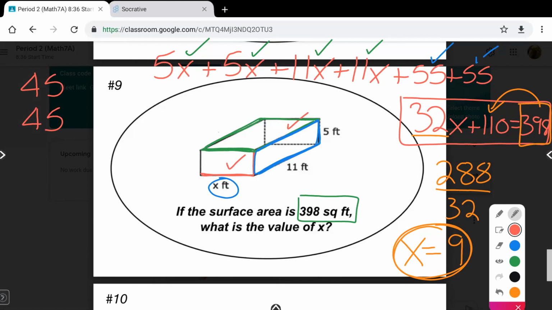So 11x is 11 times 9, which would be 99 for the top and 99 for the bottom. And then last but not least, we knew we had 55 for the left and 55 for the right. So here you go. Take these pieces and add them up. I get 45 plus 45 plus 99 plus 99 plus 55 plus 55. And then bang! 398, it checks, it works.